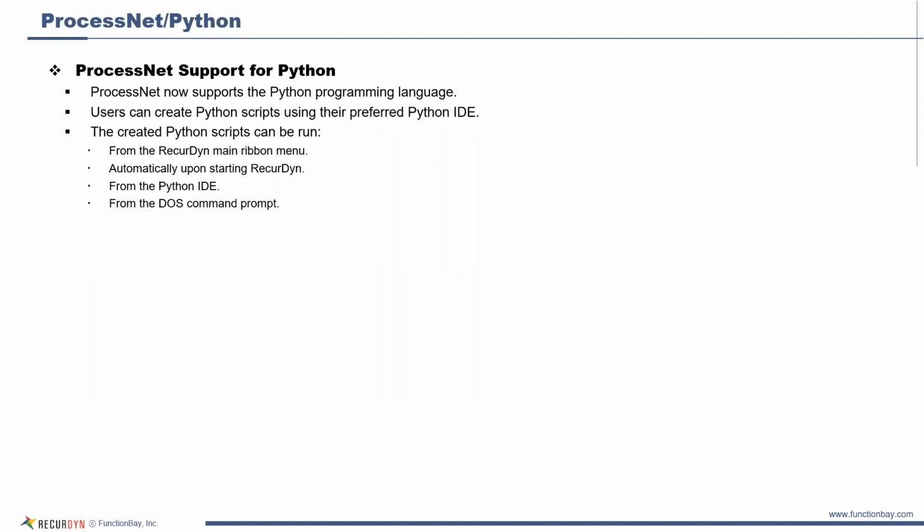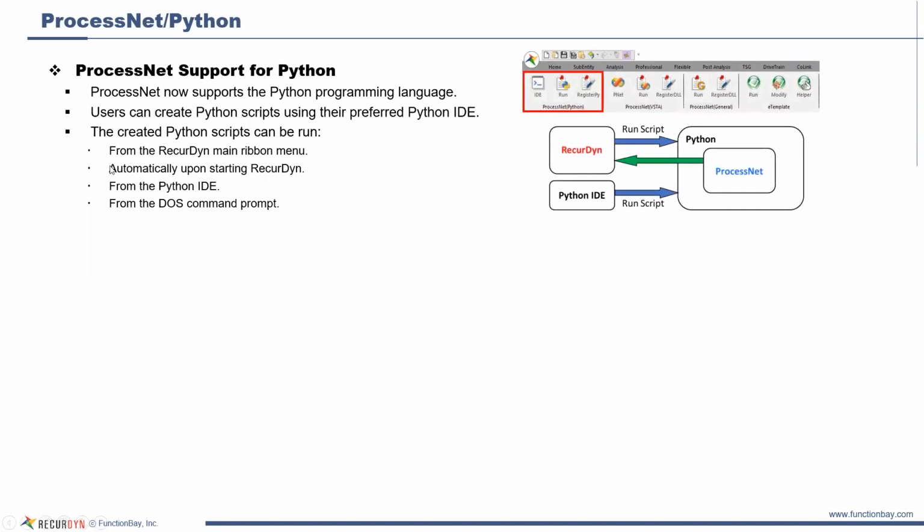Once they create those scripts, they can be run from the RecurDyn main ribbon menu. They can also be automatically started when RecurDyn starts up, and they can also be run from the Python IDE. A nice advantage also is that you can run it from a DOS command prompt or as part of a script. So basically you can now start ProcessNet scripts from outside of RecurDyn, which is a nice enhancement.